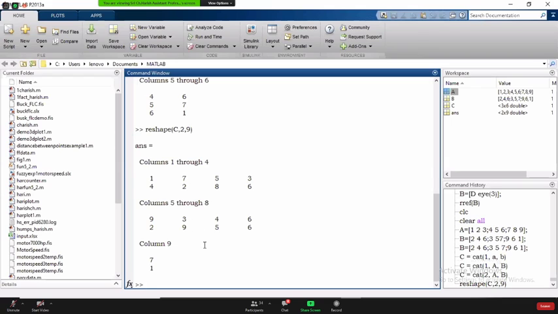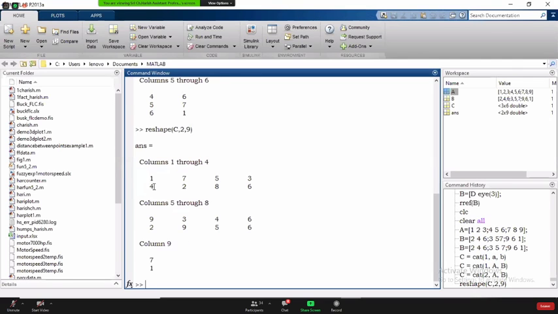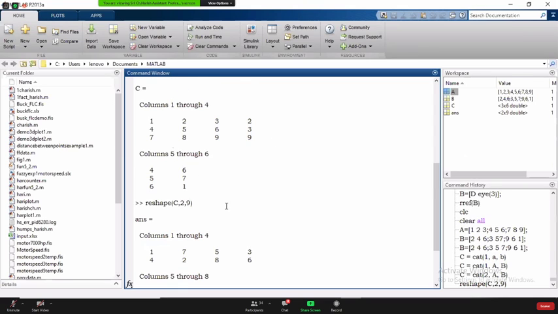Simple or not? The same thing: 1 4 7 2 5 8 3 6 9 will be converted into that form, right? 1 4 7 2 5 8 3 6. The same thing it will do. Clear or not? Can I go to the next point? Yes, sir. Okay.